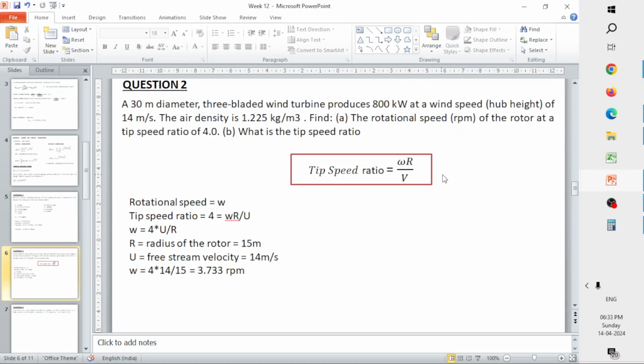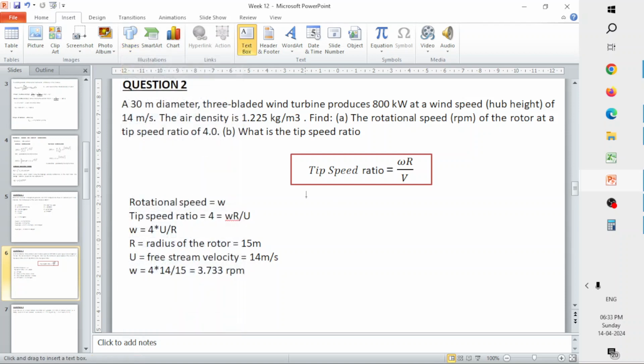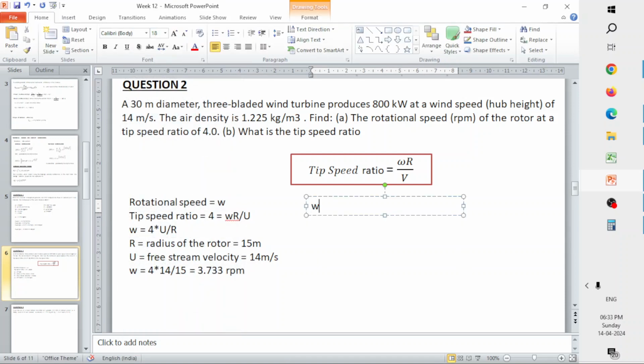That's what rpm is. So the value of omega can be expressed as the angle that your rotor covers per second.